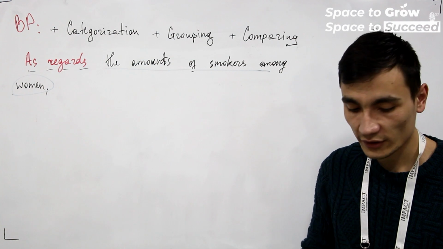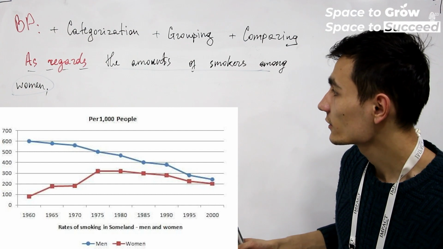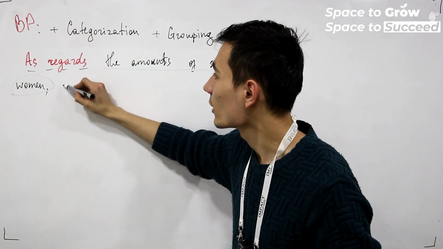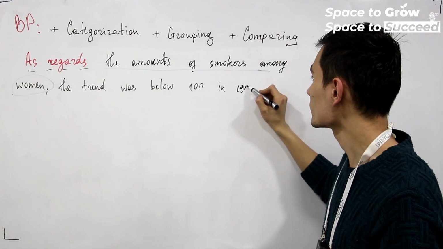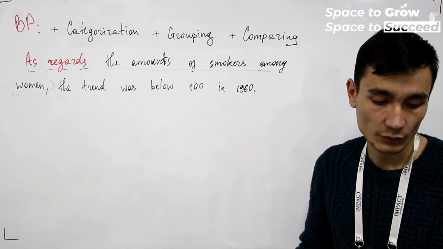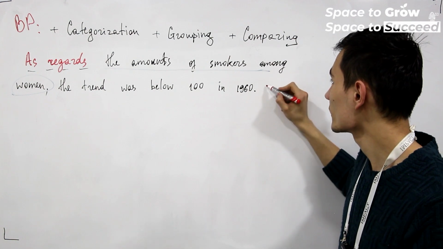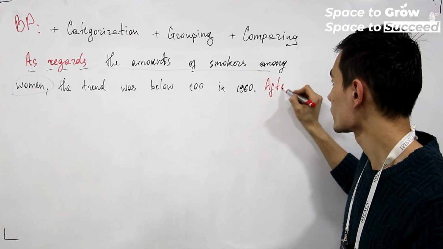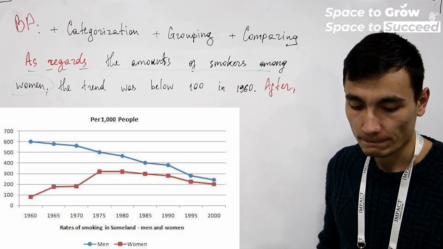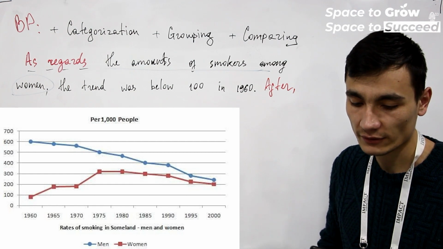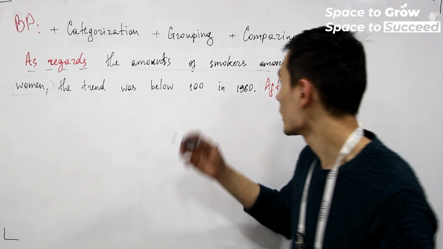Here our first detail is that it was below 100 at the beginning of the period in 1960. So let's start with the trend. The trend was below or under 100 in 1960. Then, to give the second sentence, we have to use some kind of linkers, connectors, and then we can say after.